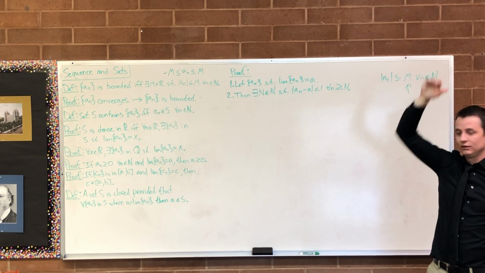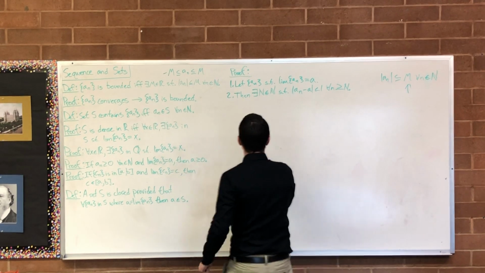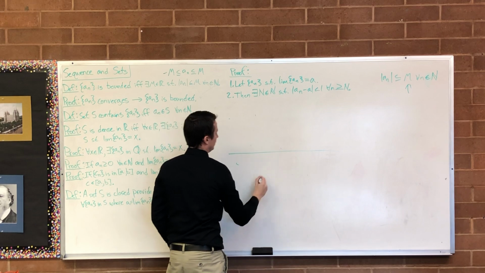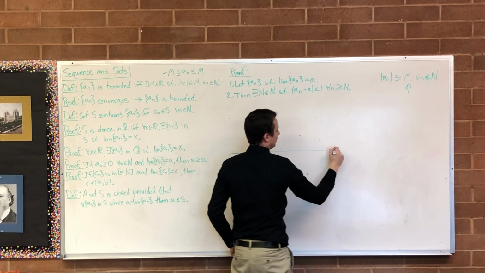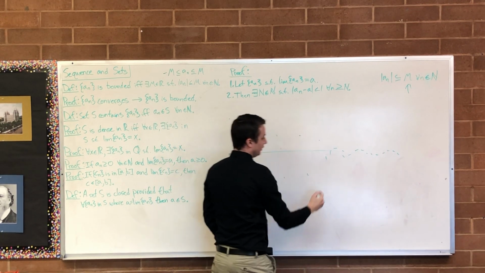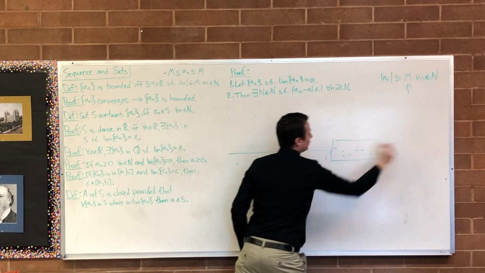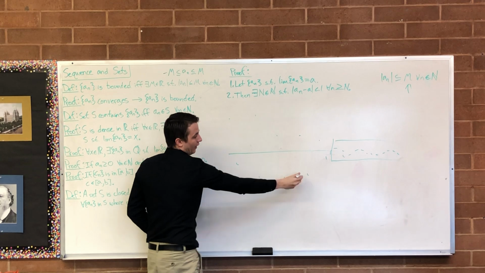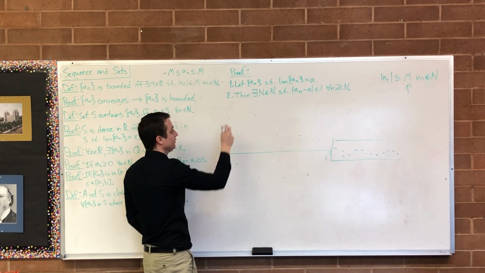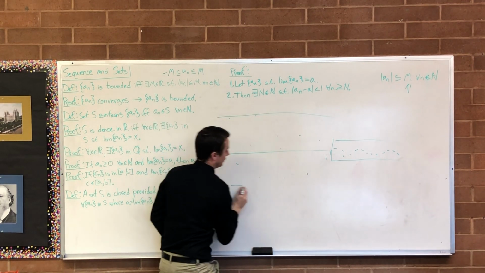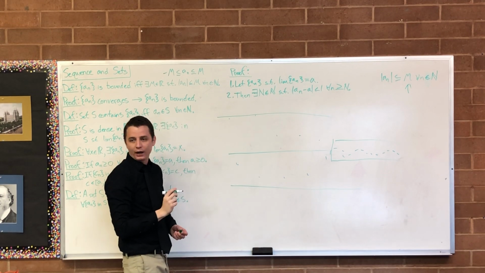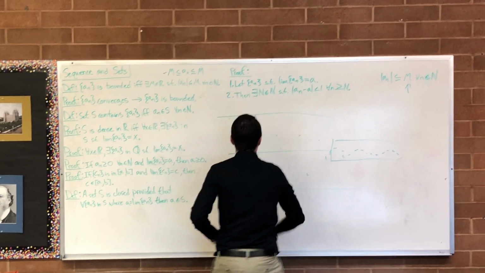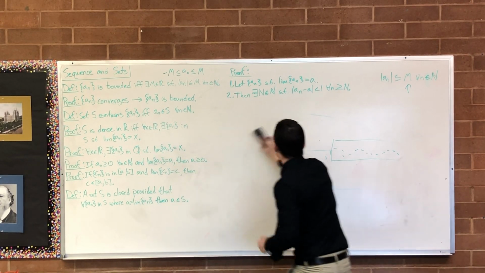Make sense? So if we were to plot it, if it looks something like this, and then it's converging, so I know from here onwards we're always within 1 of a, then I know if I just look at the max of all these other points, then my whole sequence is going to be within whatever the max was of all my points prior to that. Make sense? So that's big picture where we're going to be going with this.